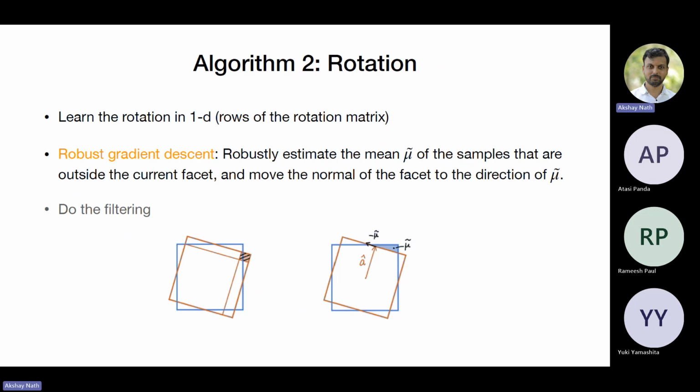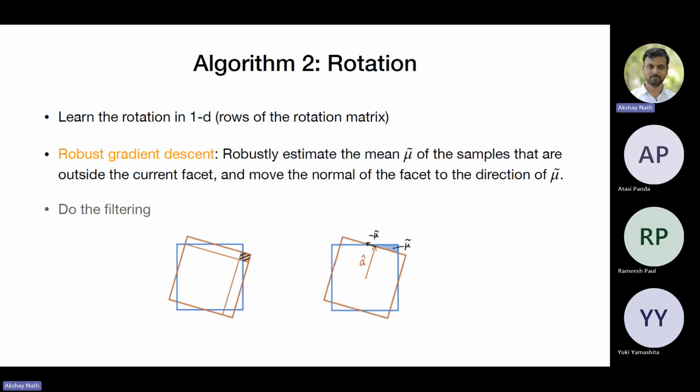We'll compute the robust mean of these parts, call it Q times mu, and we'll update our hat A in the opposite direction of this mu theta, so to the minus mu theta direction.